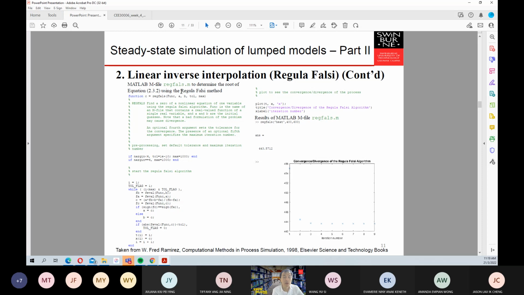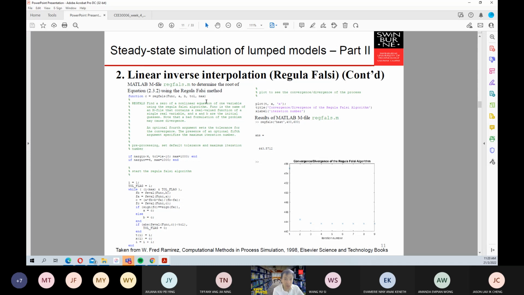A and B should have a different sign, should give function values of different signs. Then you need to provide a tolerance. Tolerance in here is what kind of error you want to tolerate, meaning the change from one iteration to the other should be less than that tolerance value.